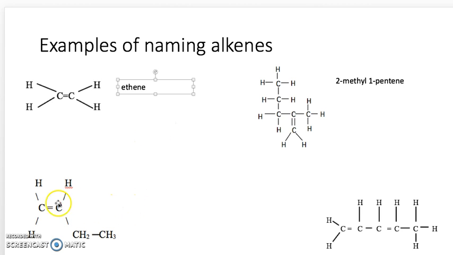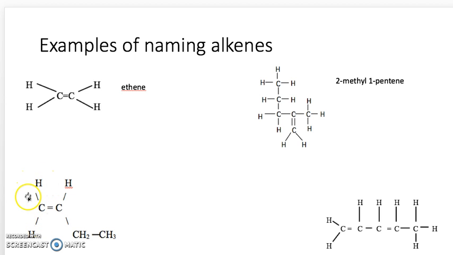Now let's look at another example. This example here has 1, 2, 3, 4 carbons. So 4 is meth, eth, prop, and I'm forgetting these today, but. So this is butene. And we can see that there is no cis-trans isomerism because this carbon does not have a carbon substituent or a fluoride substituent or anything like that hanging off it.